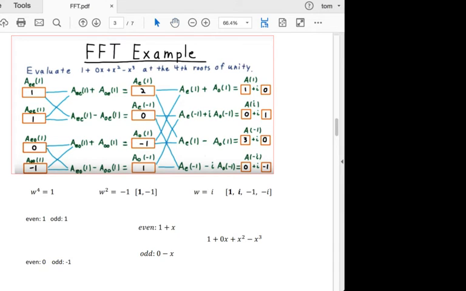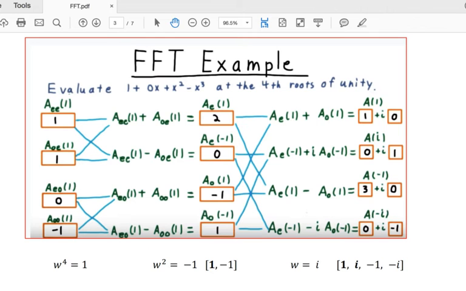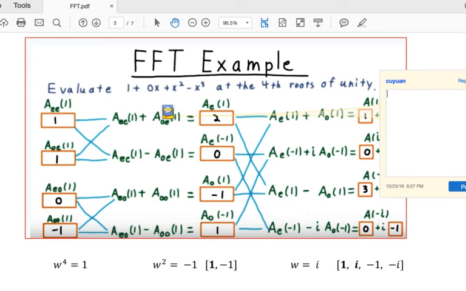Let me see, I can write something here. Oh, I found a way to edit something by myself.